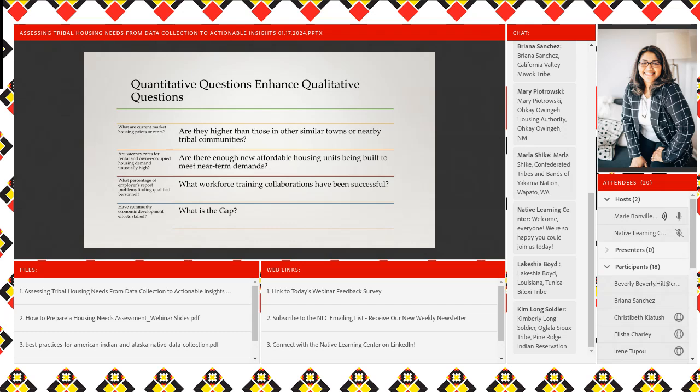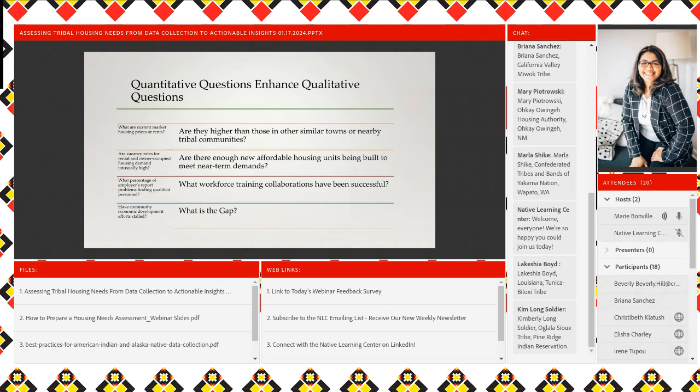Are vacancy rates for rental or owner-occupied housing demands unusually high? If they are unusually high, are there enough new affordable housing units being built to meet the near-term demands, right? What does that look like? And who would make those decisions? And have I had conversations with those decision makers?